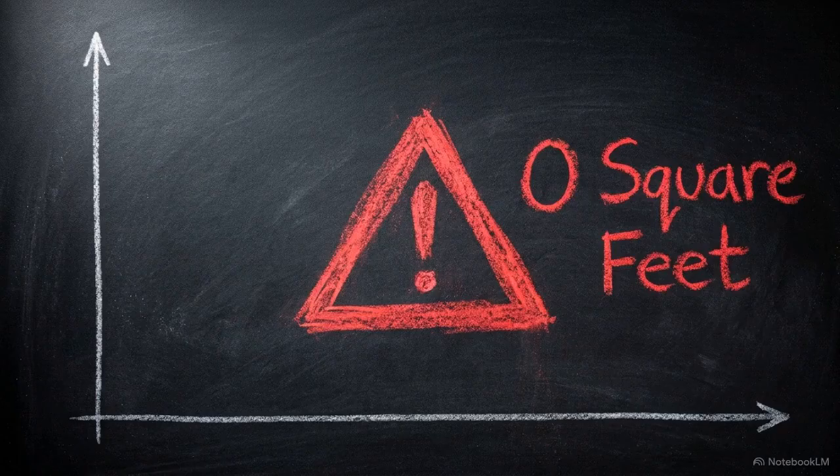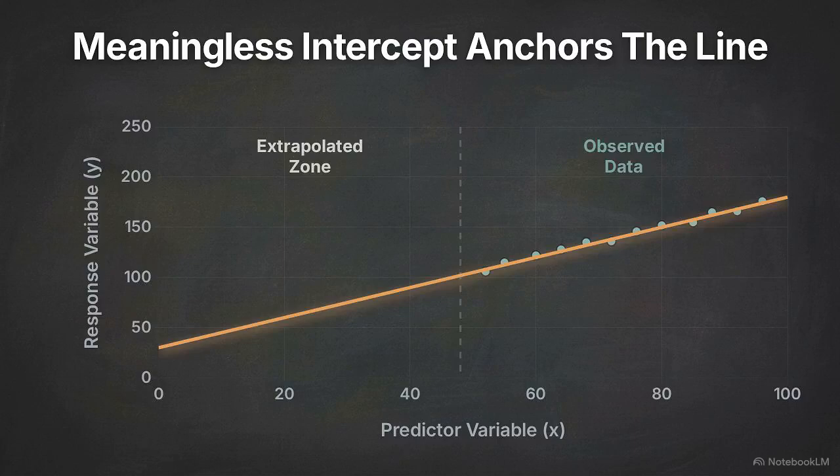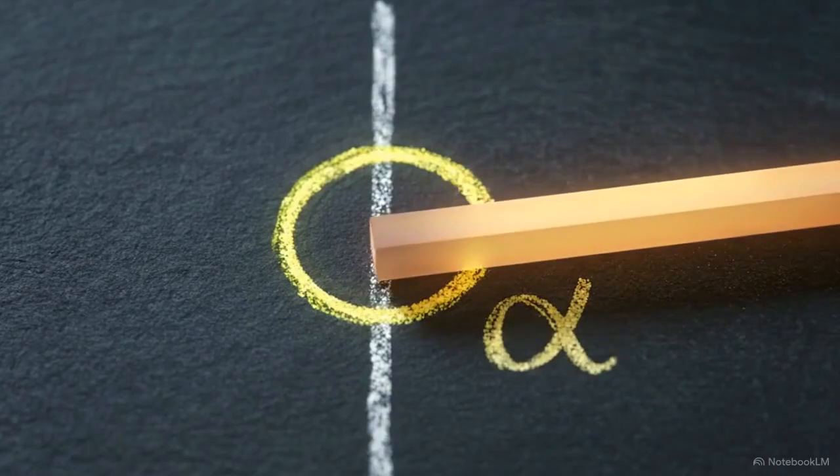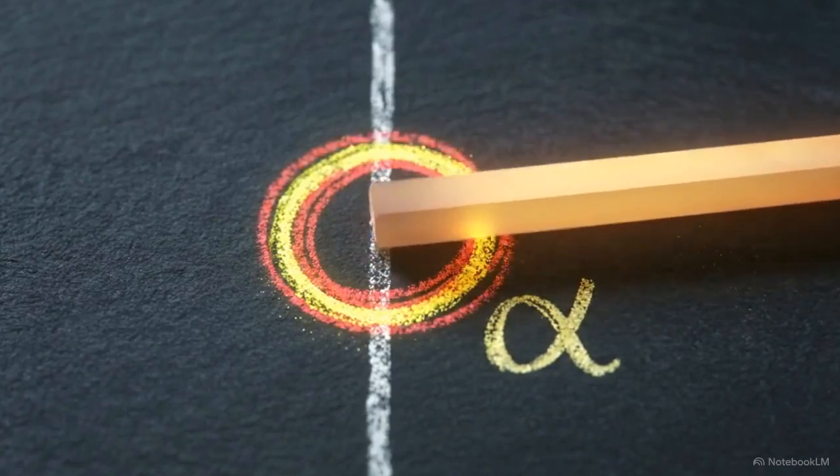However, you must evaluate the context carefully. Sometimes an x equals 0 scenario is unrealistic in the real world. This can render the intercept contextually meaningless, even though it remains mathematically necessary to anchor the line. Ultimately, the intercept locks the rate of change to a specific baseline reality, establishing the solid floor for the entire predictive model.